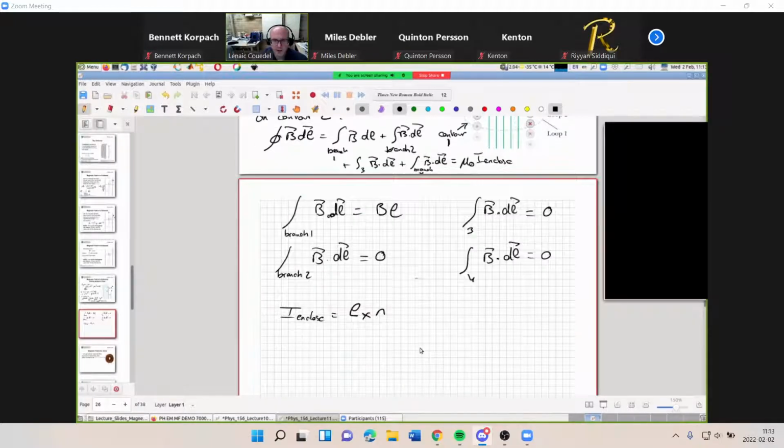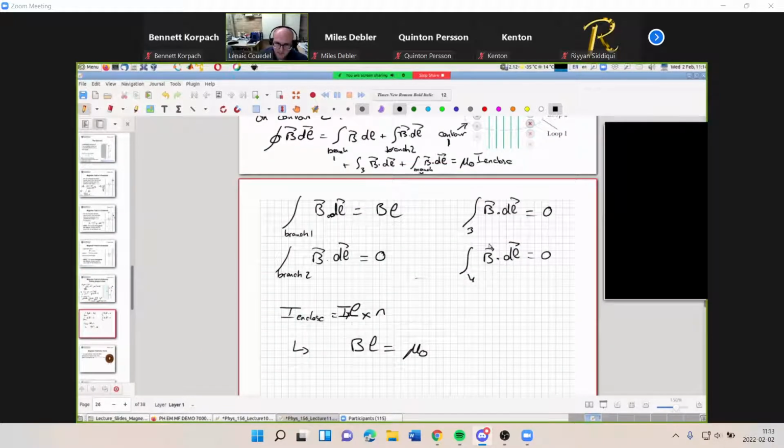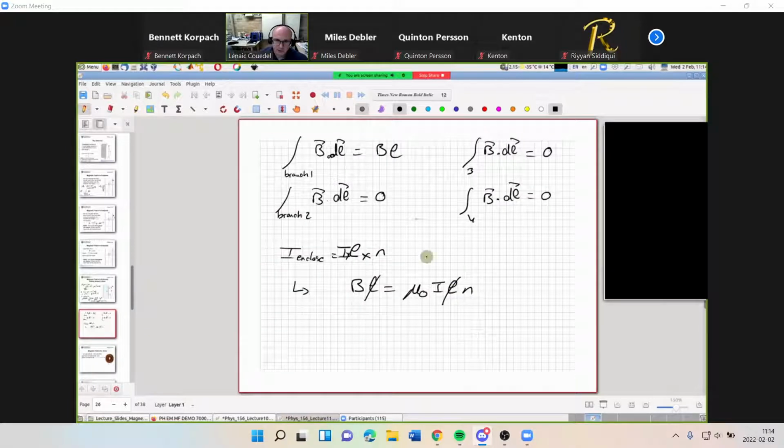So if I apply my Ampere's law now, I have B times L equal to mu 0 times I, of course. Each of the wires here is carrying a current I. Mu 0 I L N. Lowercase l simplifies with the other lowercase l, so I have B equal mu 0 N I.